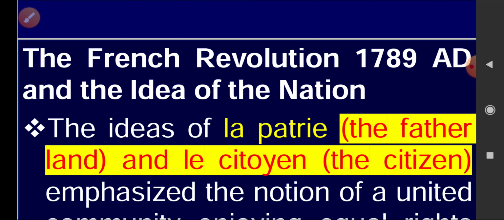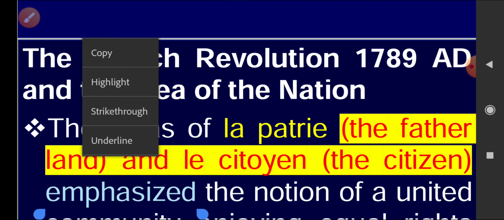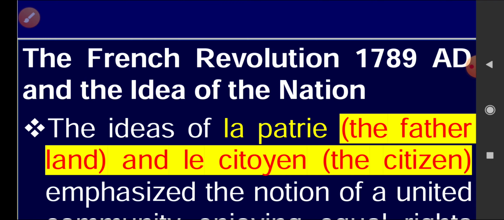Louis XVI was the king of France in 1789, who was not competent. He had no experience of political administration. So, he involved France in the American War of Independence, and during his period the French treasury became empty.